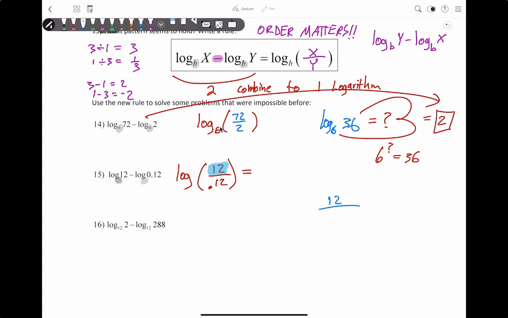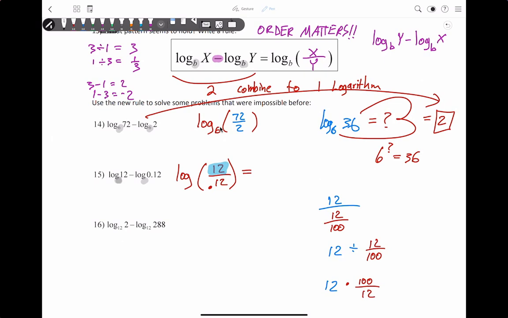Now this looks really weird, but there's a strategy here. You learned in 5th grade, keep, change, flip when you're dividing by fractions. So 12 divided by 12 hundredths is the same as multiplying by the reciprocal.